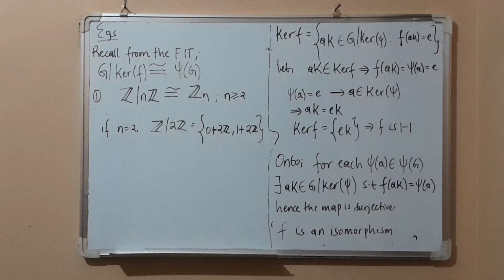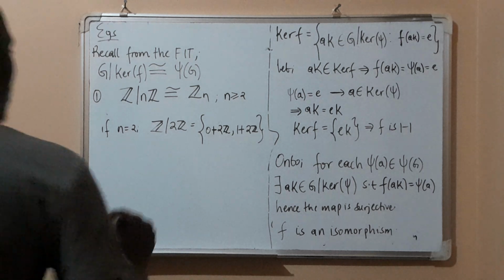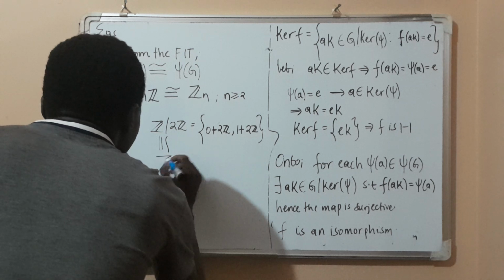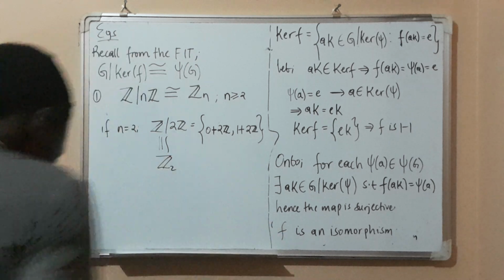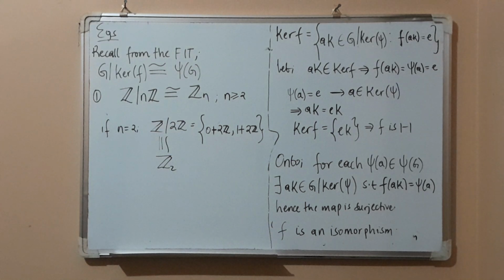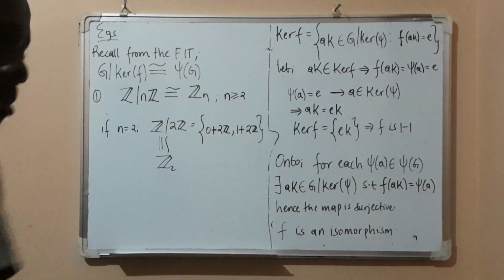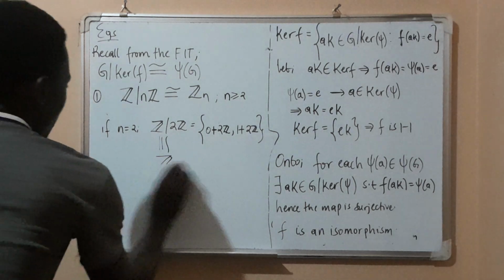So we want to make a claim that this group is isomorphic to Z2. We are going to prove that using the first isomorphism theorem.